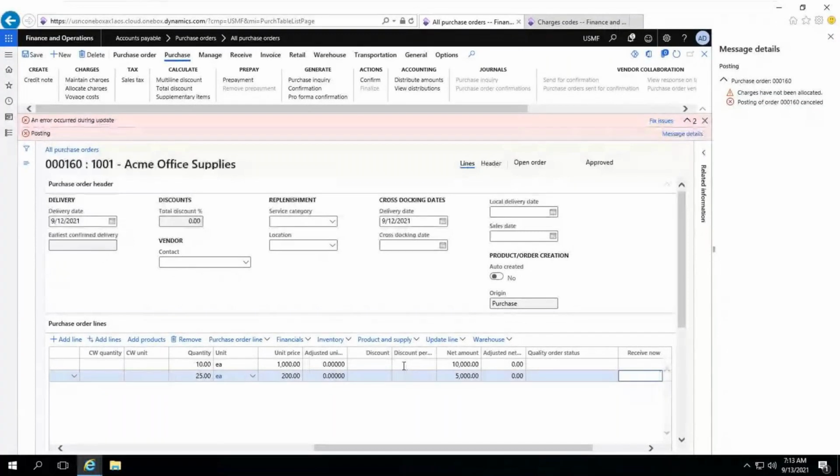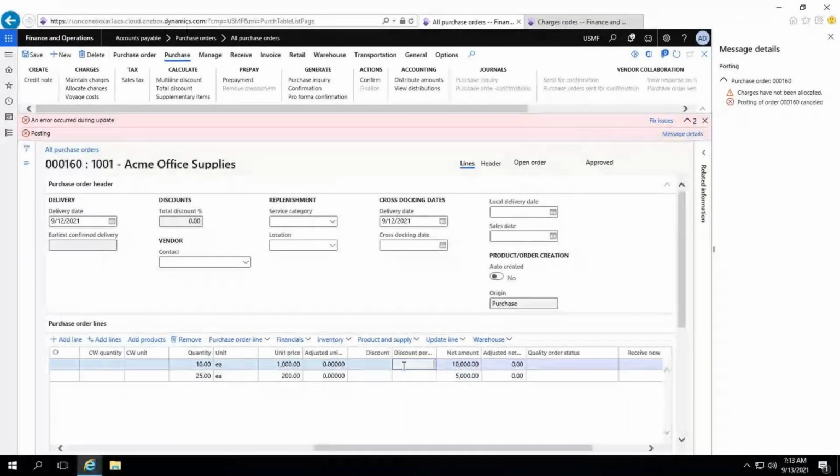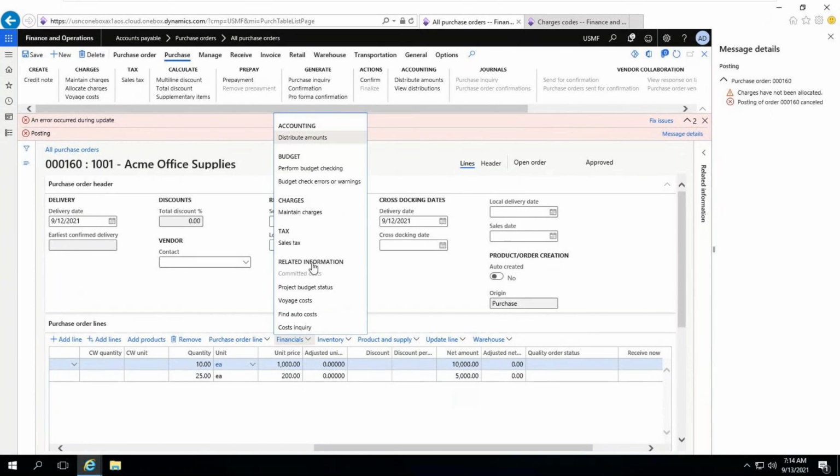The first line, financials, click on maintain charges. It was allocated, look at this one, maintain charges.